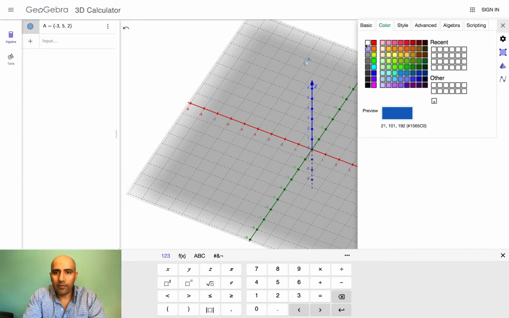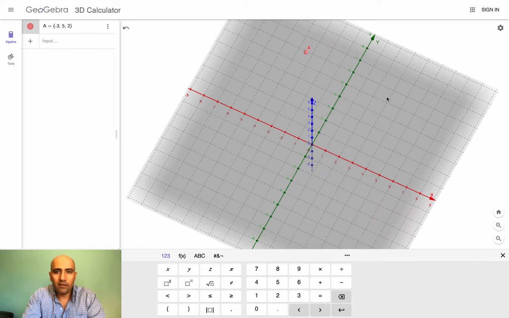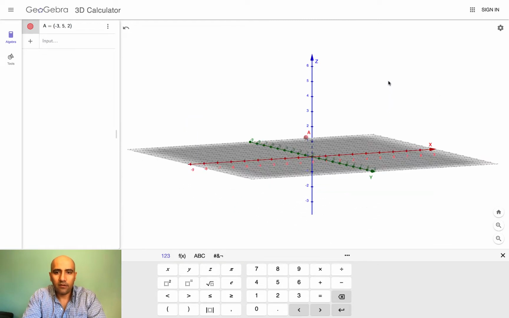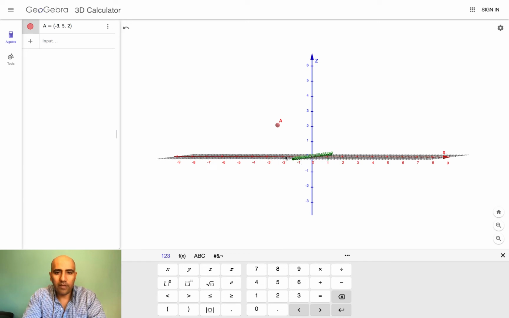I'm not happy with that color. A red dot. No, let's make it that. It's fine. And there it is. So it's this point right there is the one that we're getting at. And if I just twist this around, you'll see that it's floating in midair. There it is. So that's a little easier to tell that it's a point floating in midair.